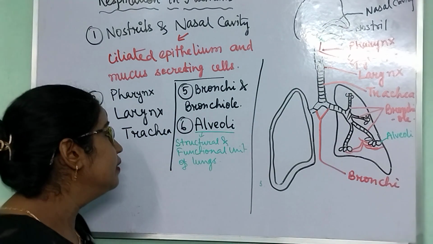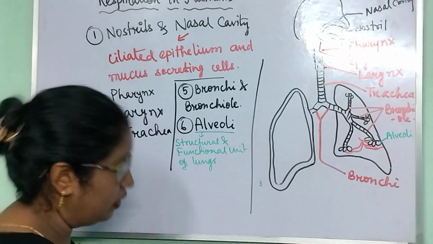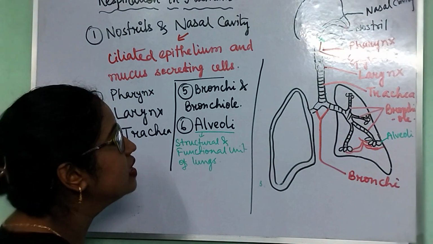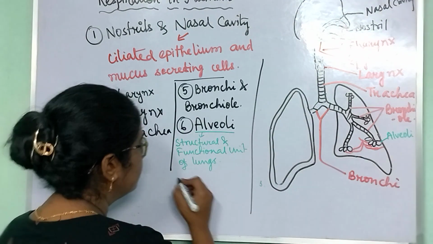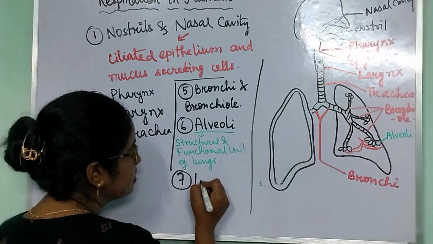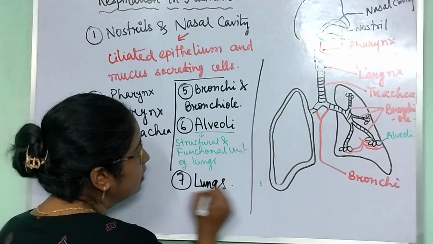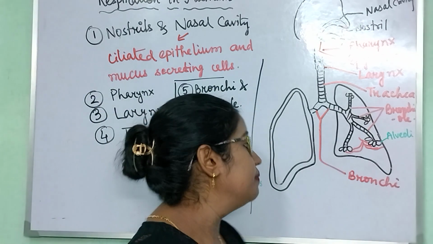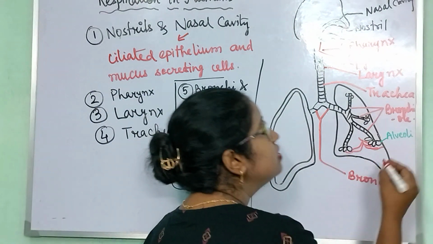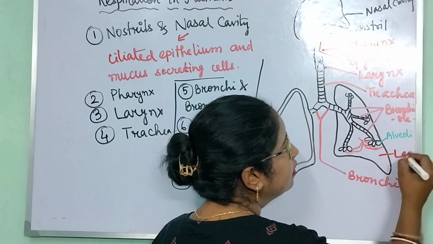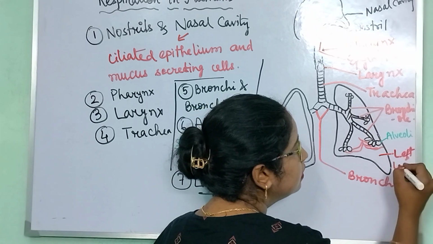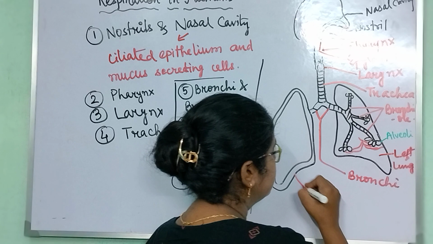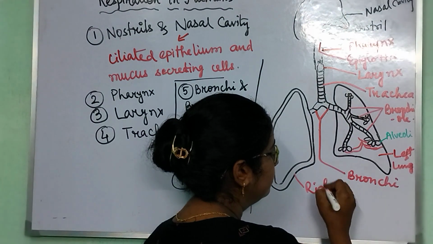So the next and last part is the lungs. The seventh part is the lungs, the main structure of the respiratory system. These are the two lungs. This is the left lung and this one is the right lung.